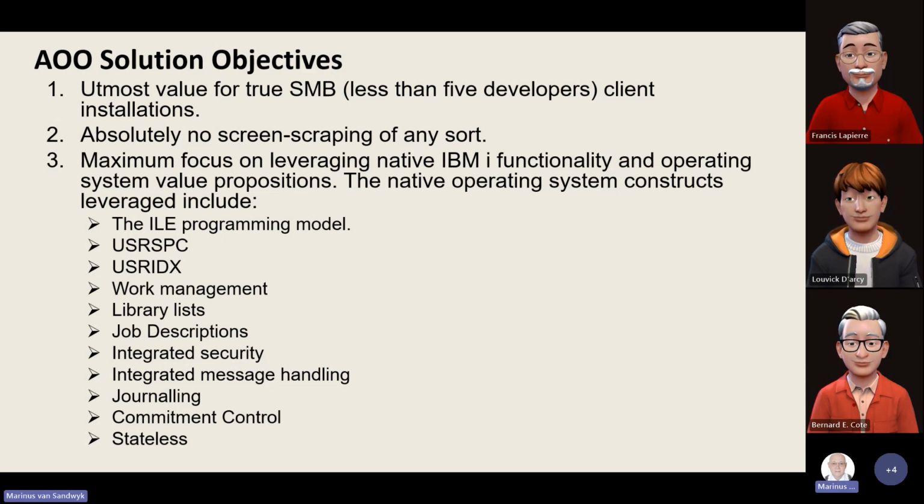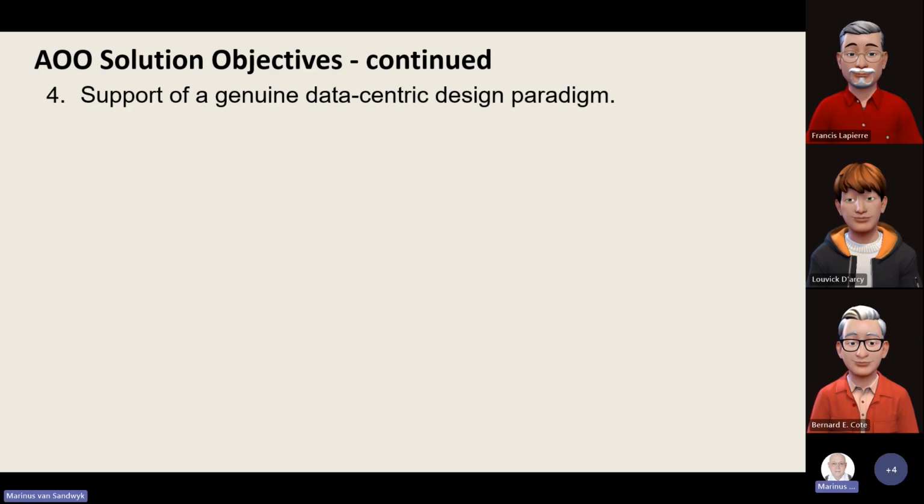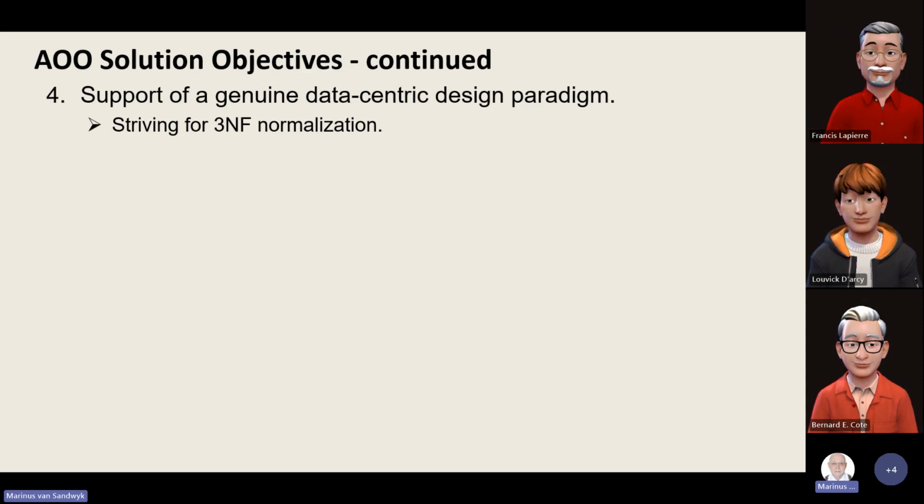Very important that we aimed for a stateless mechanism to actually deliver AO open. And then very important, and sorry that I'm hammering the point, but it is crucial: installations that want to exploit AO open must adopt genuine data centricity, striving for third normal form normalization.